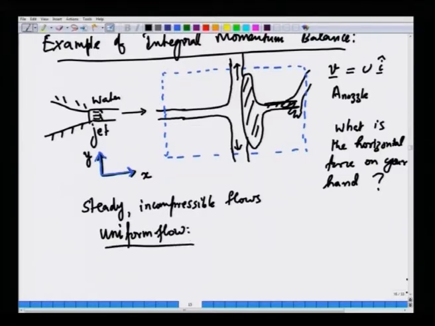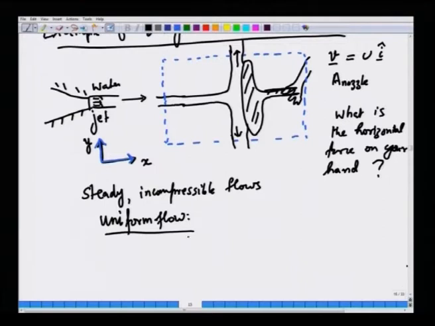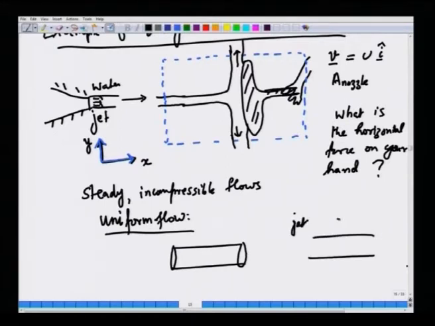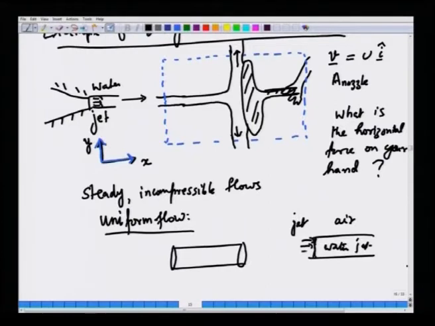What is a uniform flow? Whenever you have a flow, let us say inside a pipe, here you have a jet of water which is surrounded by air, this is water. Okay. So, the question is, is the velocity at each and every point across the cross section of such a flow the same or not? Okay. If it is the same, then the velocity vectors will be like this.